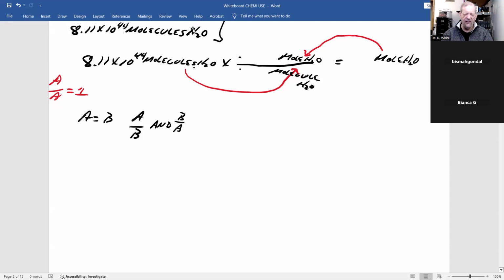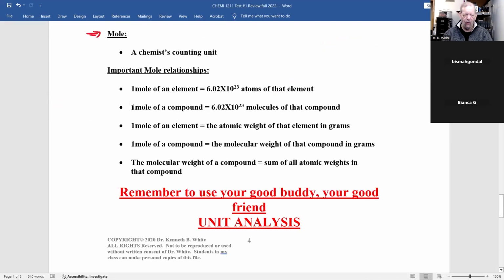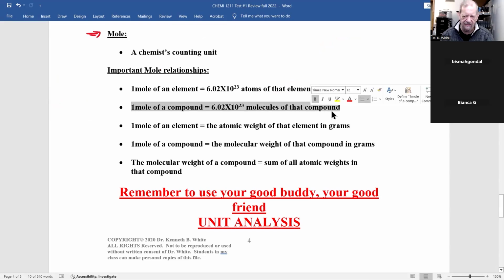And if you look at important information, test number one, which you'll be given, but I'm going to go just to my right here. You see right here, 1 mole of a compound, that's water, equals Avogadro's number, 6.02 times 10 to the 23rd molecules of water.